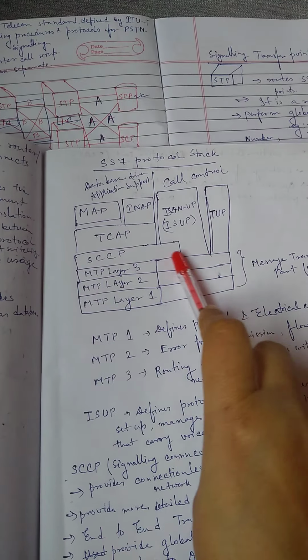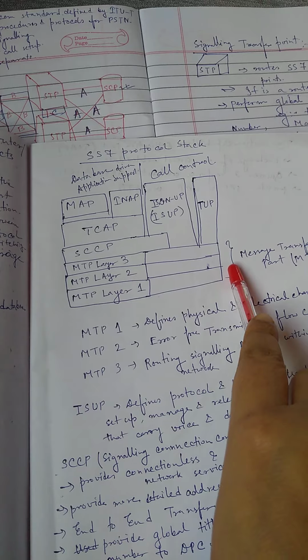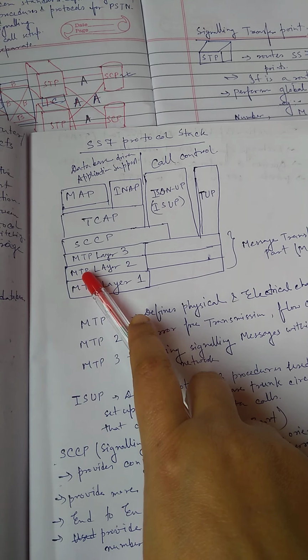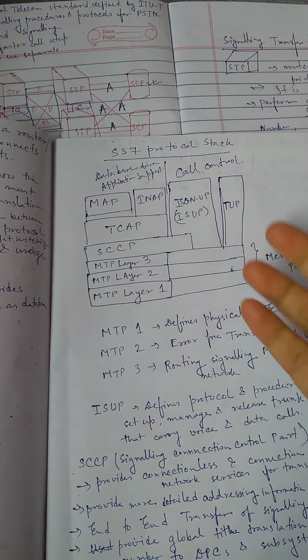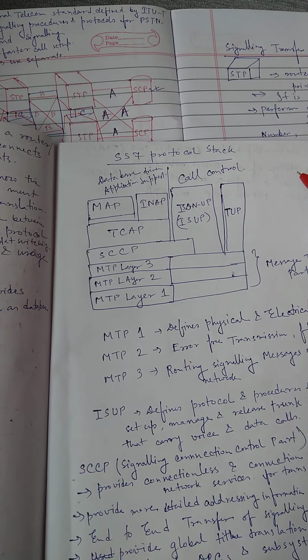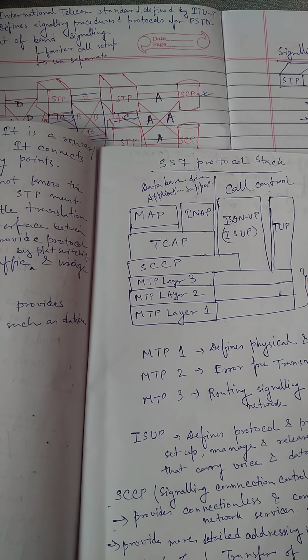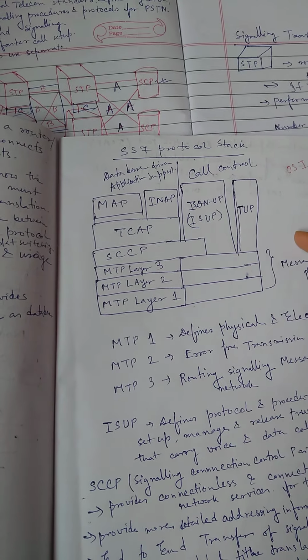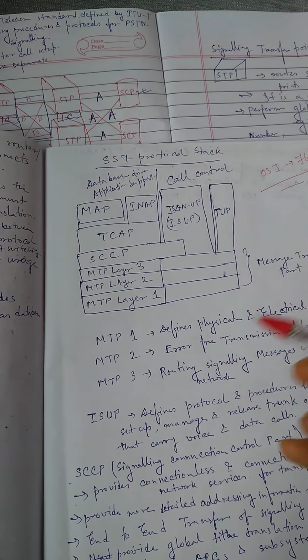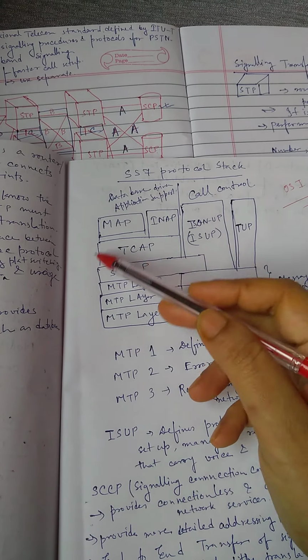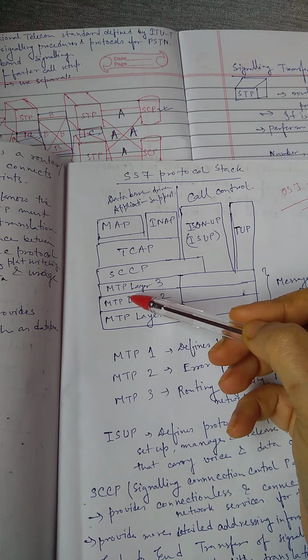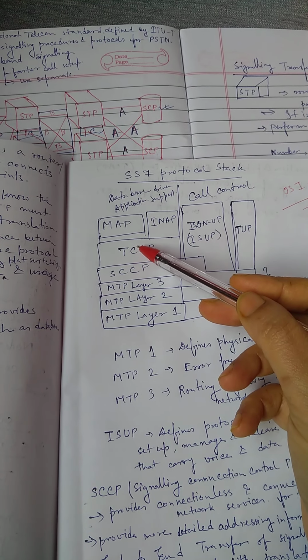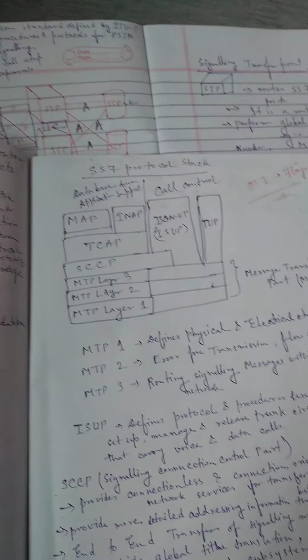Next, I will talk about the SS7 protocol stack. It is quite similar, not entirely, to OSI, which has 7 layers, but here my SS7 protocol stack has only 5 to 6 layers.